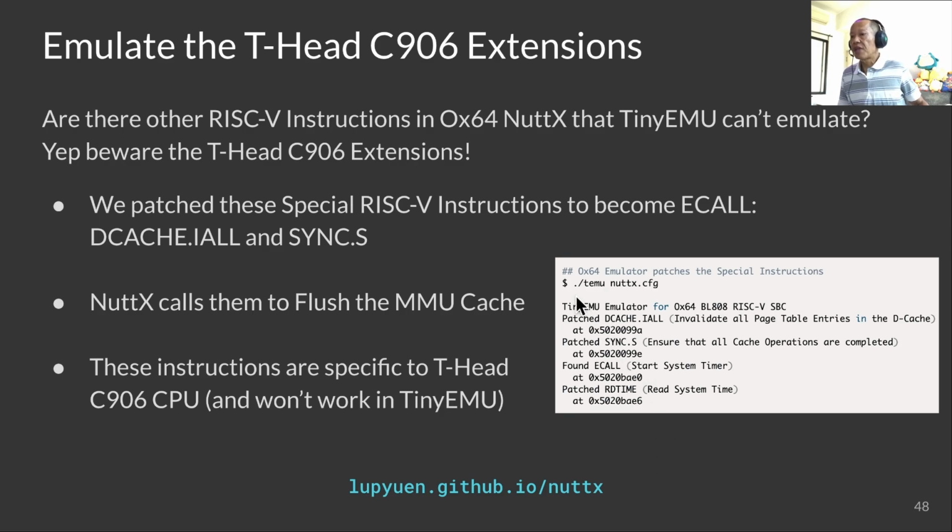Thus, we patch these special RISC-V instructions to become eCall system calls, so they won't crash the TinyEMU emulator, though we don't emulate the instructions right now. We talk about these special RISC-V instructions in my presentation on Ox64 SBC. Please check it out at this link.